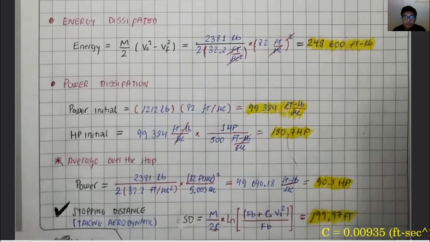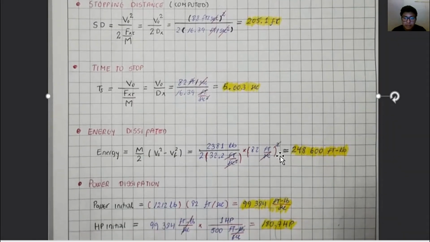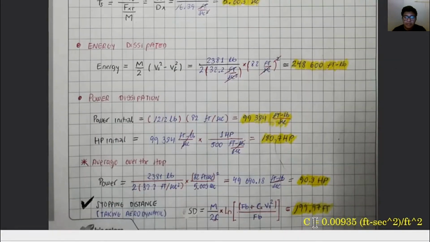The value of c is 0.00935 feet times second squared divided by feet squared.